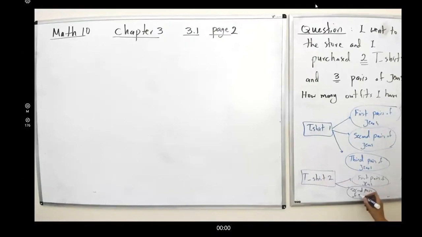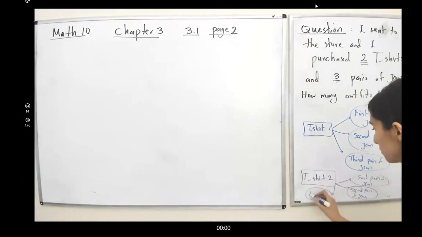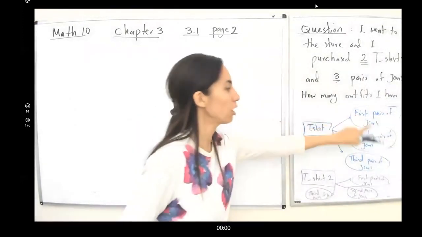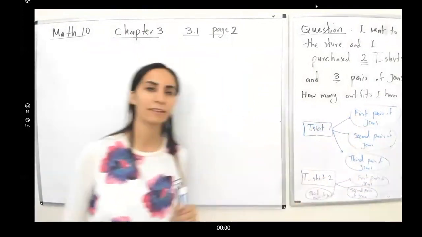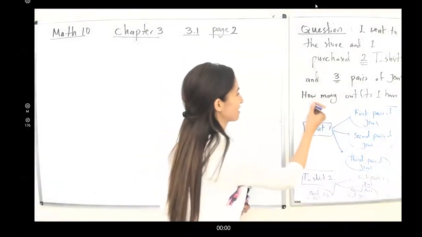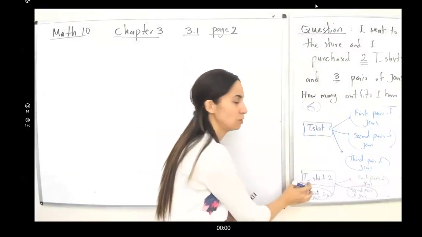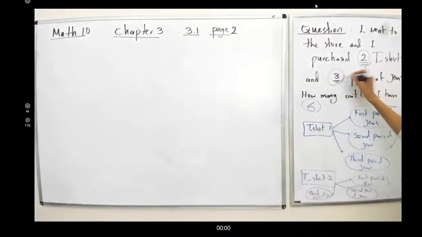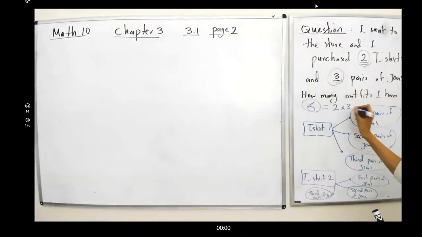Second pair of jeans, and the third pair of jeans. So as you can see, if you count them, 1, 2, 3, 4, 5, and 6 different outfits. 2 times 3 actually gives me 6 options.